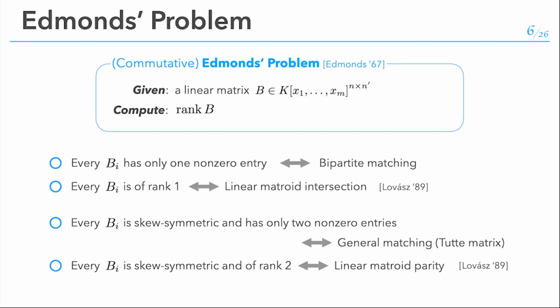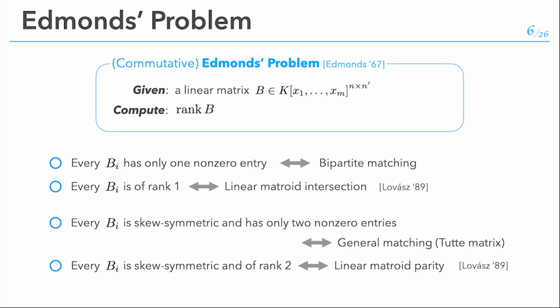In some situations, an efficient deterministic polynomial time algorithm was obtained from the viewpoint of combinatorial optimization. For example, if every coefficient matrix Bi has only one non-zero entry, then the Edmonds problem is just bipartite matching. And if every Bi is of rank 1, then the Edmonds problem is equivalent to the linear matrix intersection problem.